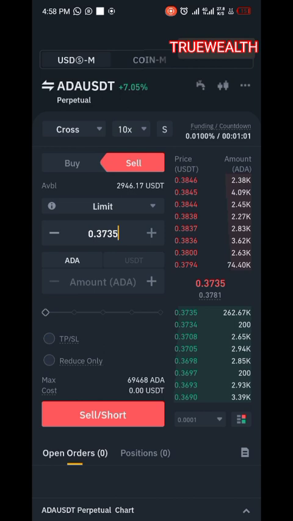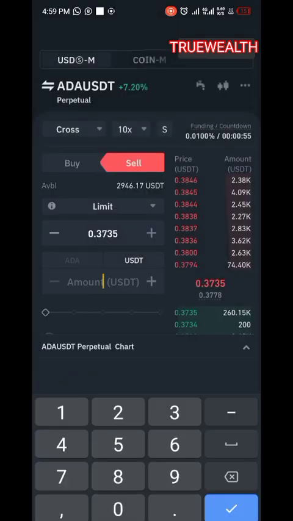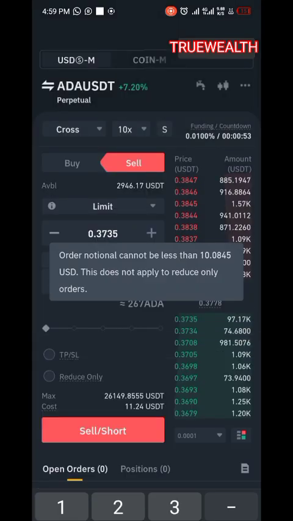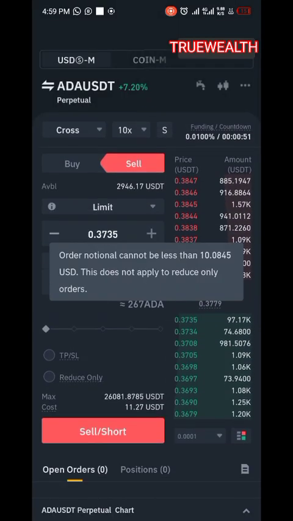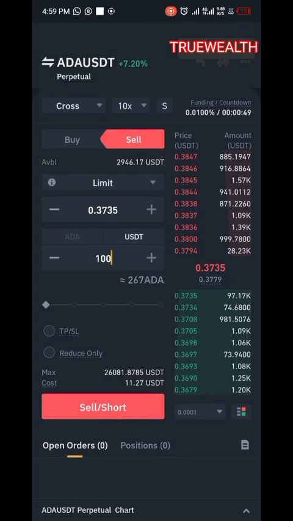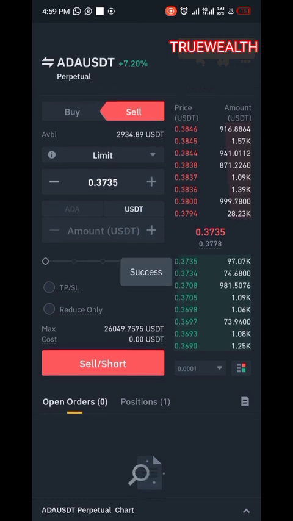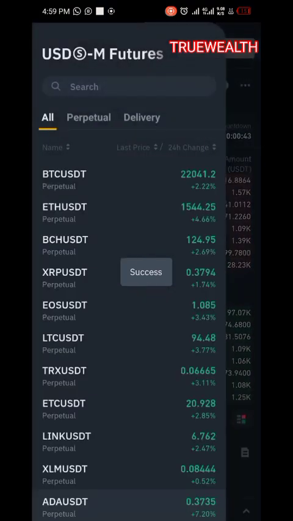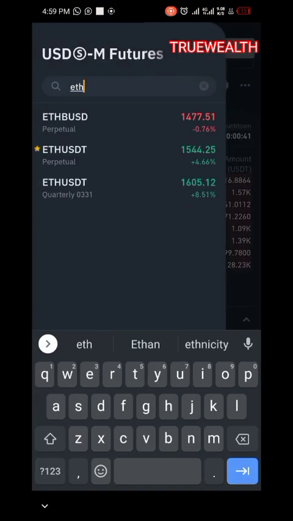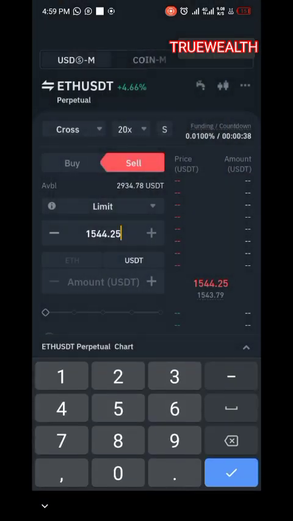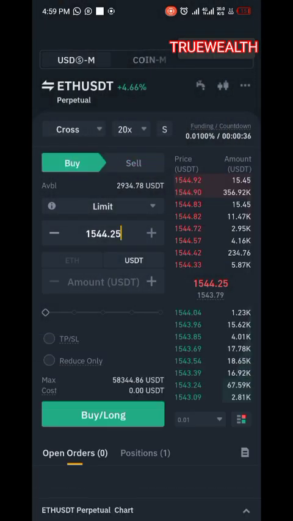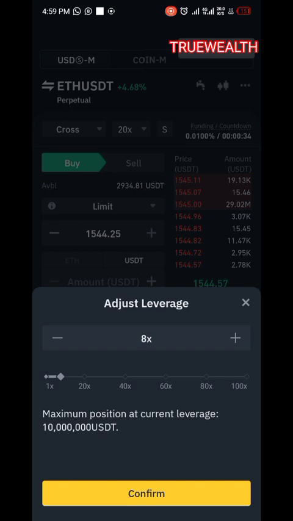Okay, so I will use ADA and I open the trade with 100. So I short ADA then against Ethereum. Don't forget, I've made my analysis before doing this.